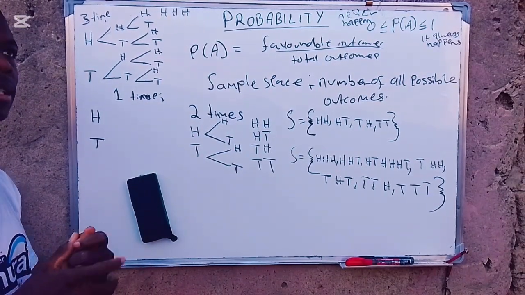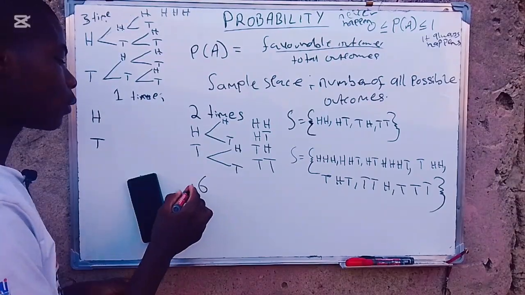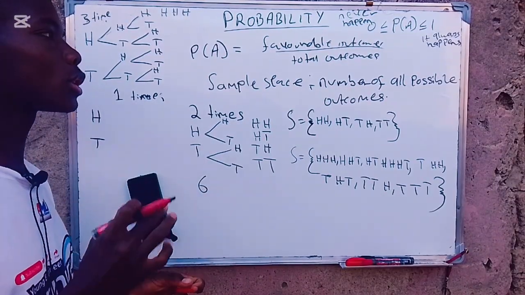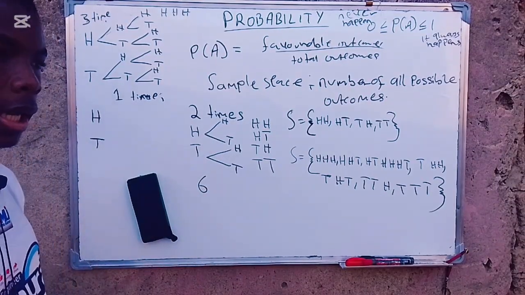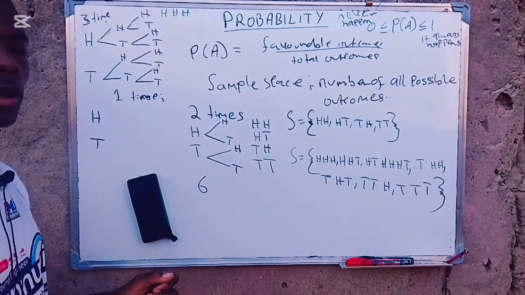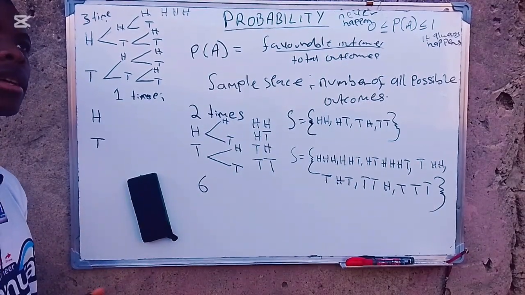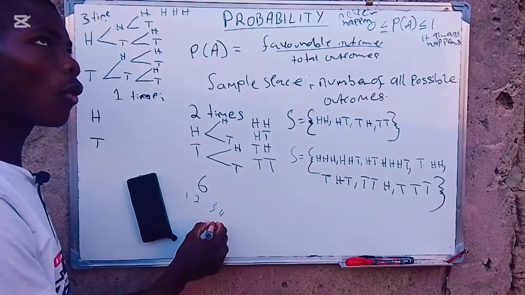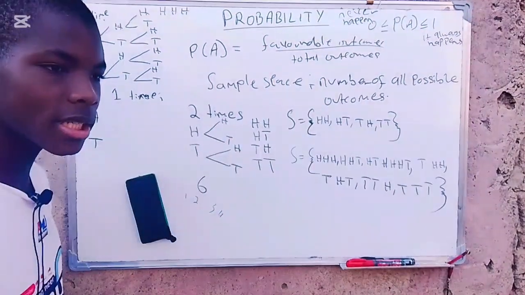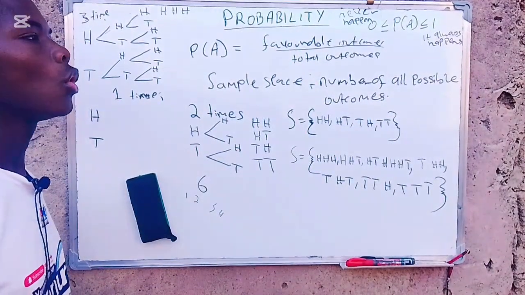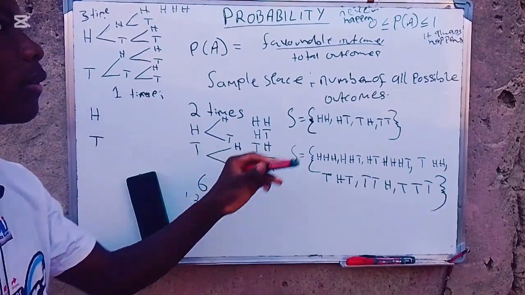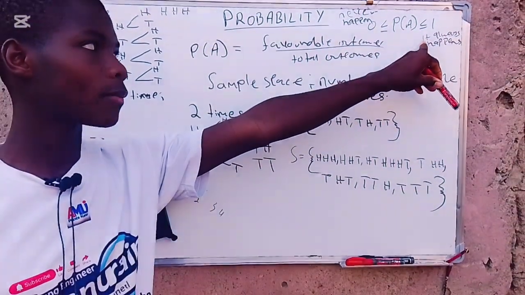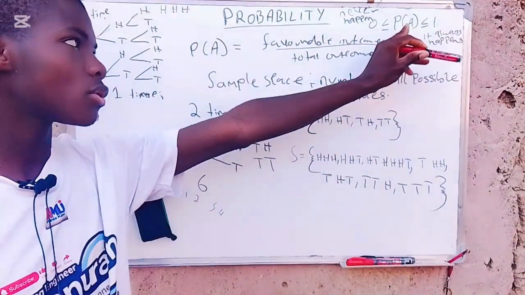Let's take a dice. A dice has 6 total outcomes. When you toss a dice, you'll have 1, 2, 3, 4, 5, or 6. So you have to take note that the probability of any event is between 0 and 1.